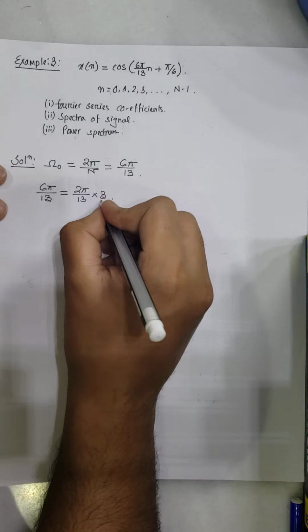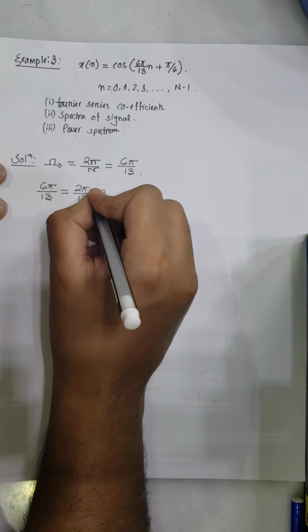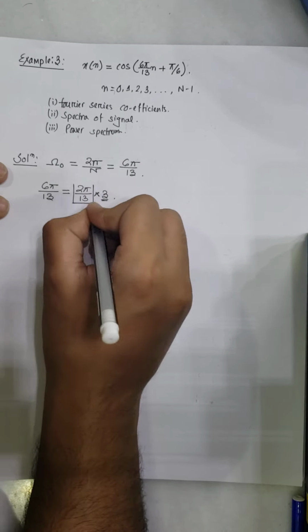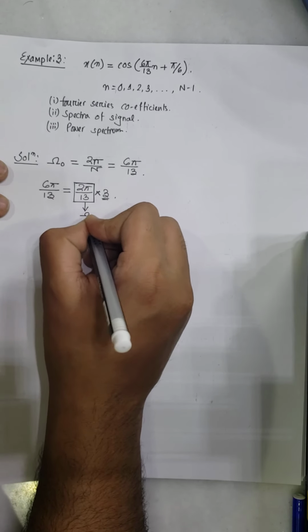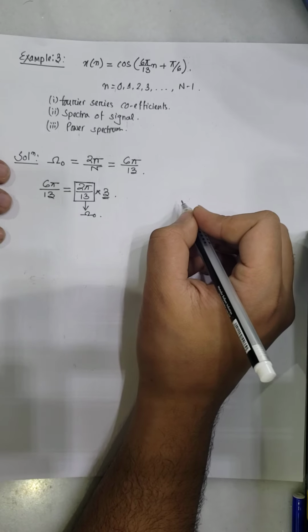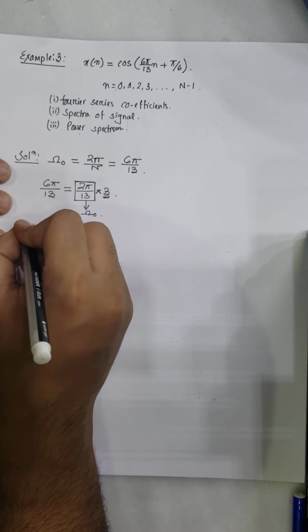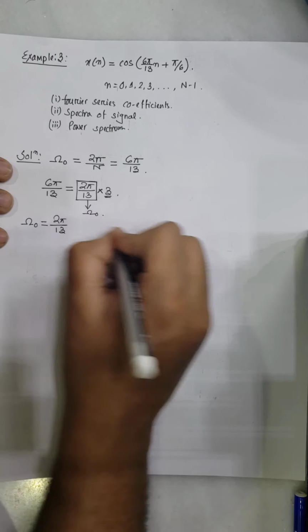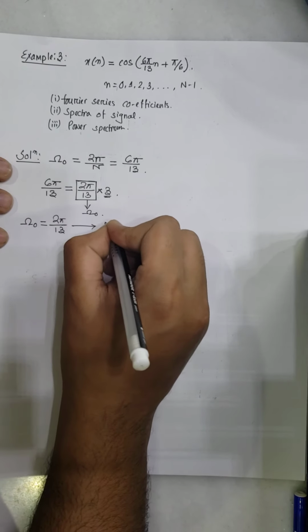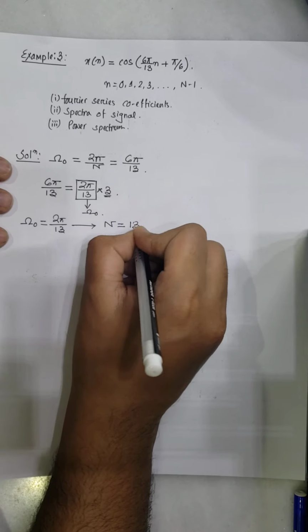So this 3 is nothing but an integer multiple of the fundamental frequency omega naught. So this value is our required omega naught. Now if omega naught equals twice pi over 13, from there we can get the period of the signal N to be equal to 13.